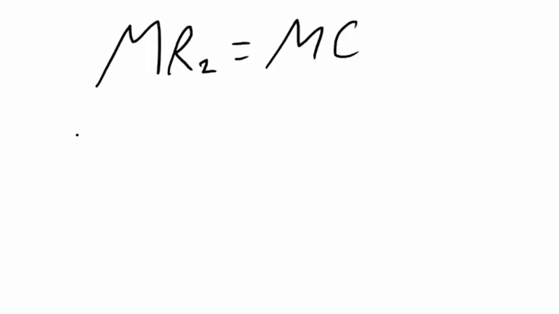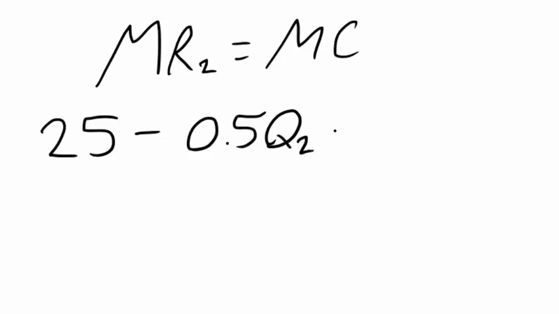To profit maximize, we set marginal revenue 2 equal to our marginal cost. Marginal revenue 2 is 25 minus 0.5 times Q2, and that is equal to 11.